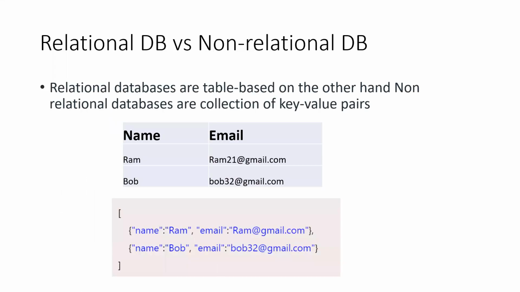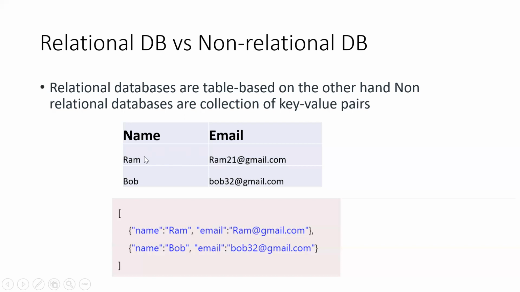So those are the types of data, and those are the different sectors in which the data is being stored. Now, this is the topic on how the data is getting stored in databases. DB means databases. If we segregate the database, there are two kinds of database or data representation. One, you can see, is a tabular format. We have two columns. One is called name, another one is called email.